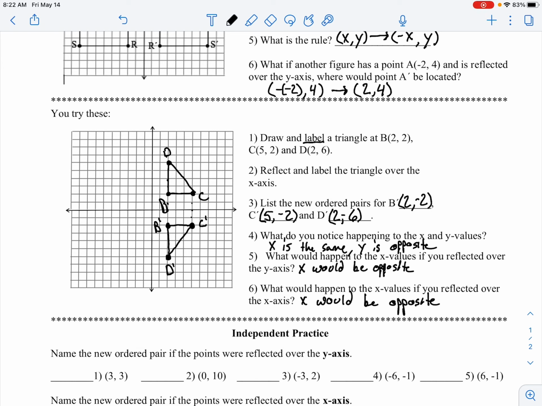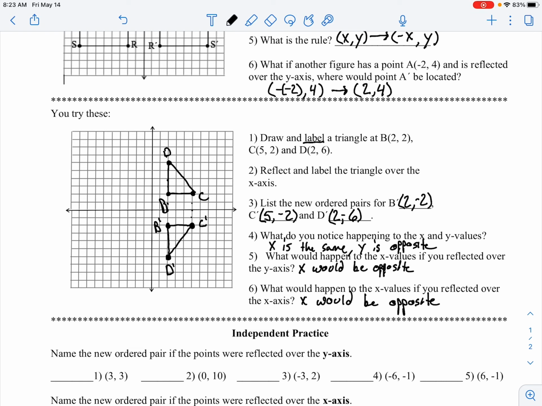So remember, in order to actually do the reflection, the easy way, the shortcut way, is to just count to your reflection line, count to the axis that you're reflecting over, however many squares you have to go to get there, and then keep going that same direction in the same number of squares.